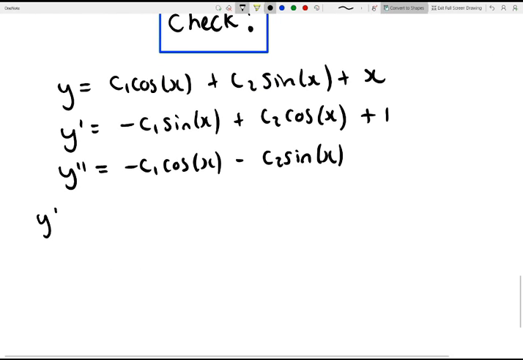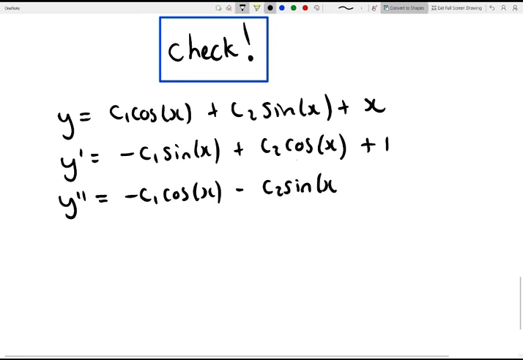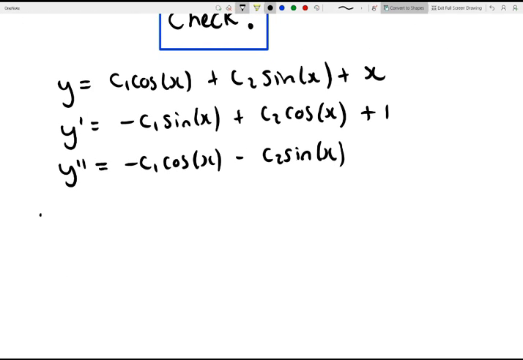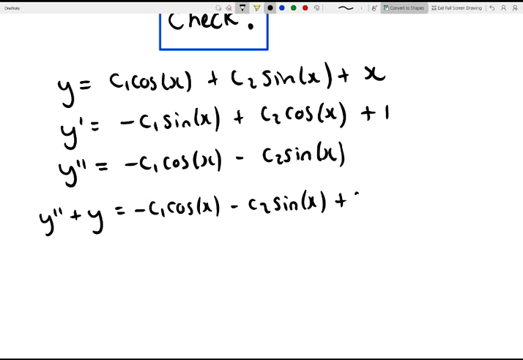So y double dash plus y equals minus c1 cos of x minus c2 sine of x plus c1 cos of x plus c2 sine of x plus x, and that all equals x.